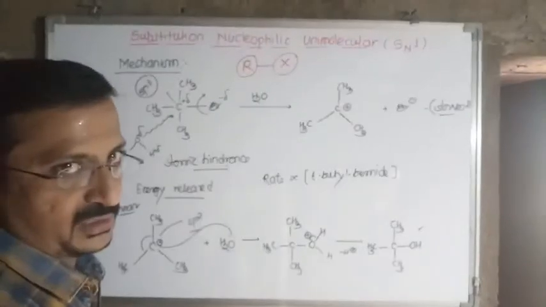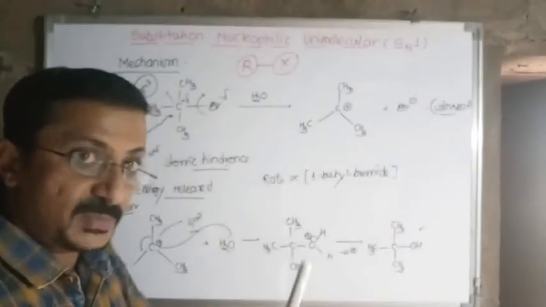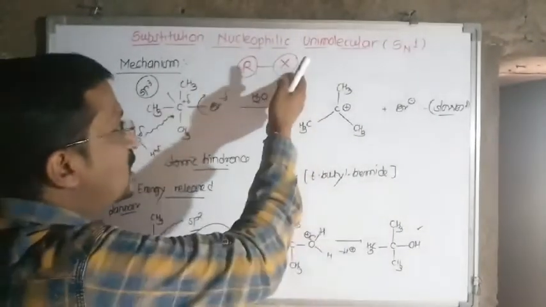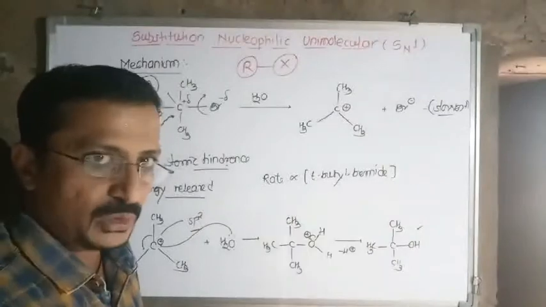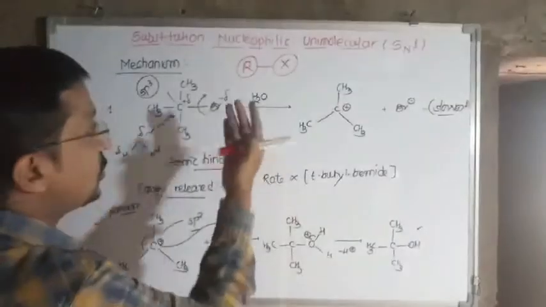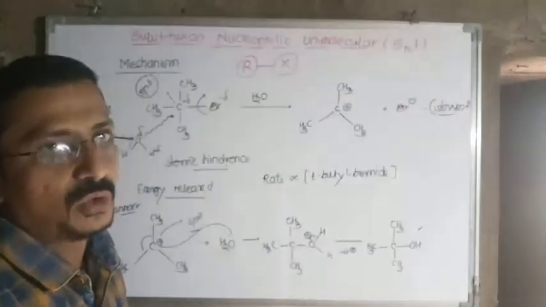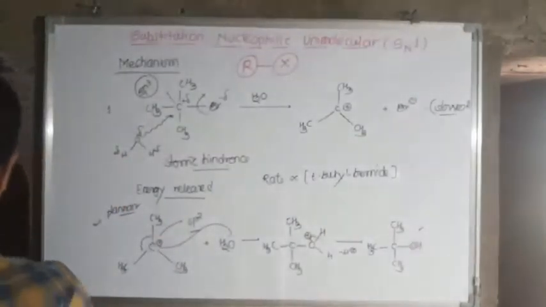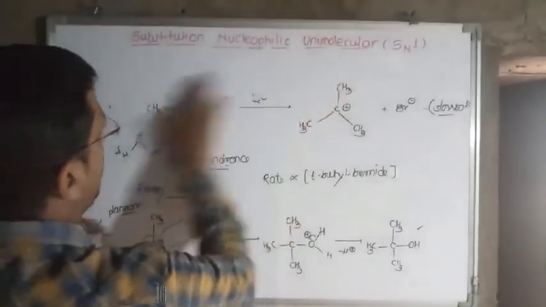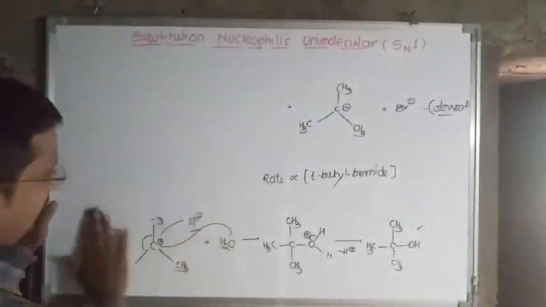So if we change the substituent present on the alkyl group, or change the halogen, chlorine, bromine, iodine, or change the solvent, how does it affect the overall rate of the reaction? That can be explained now. These are the factors that affect the rate of reaction.